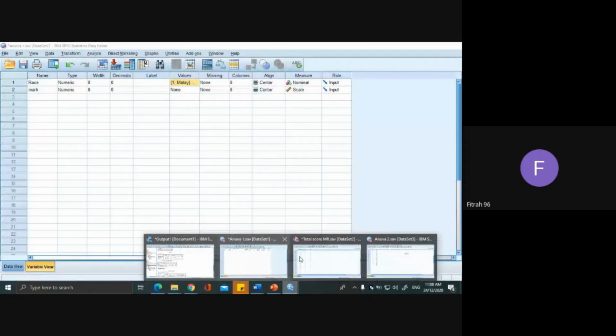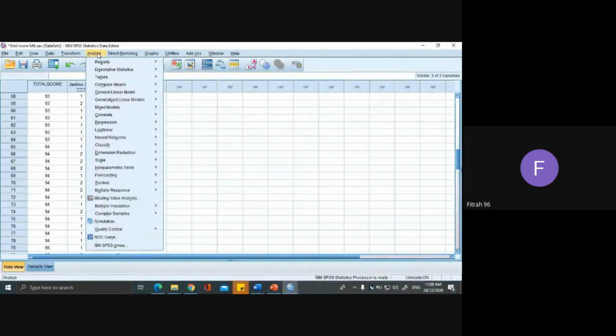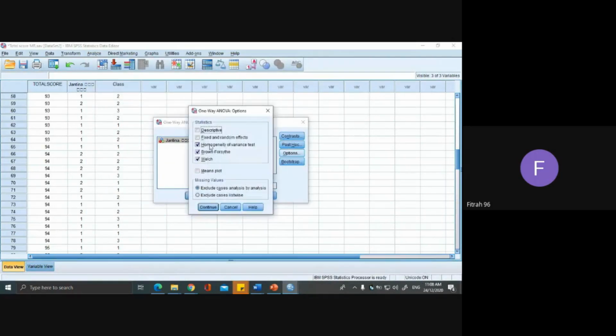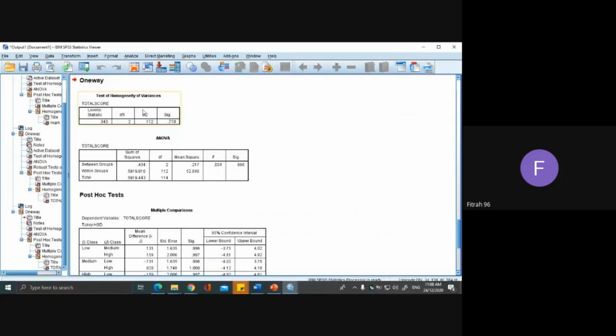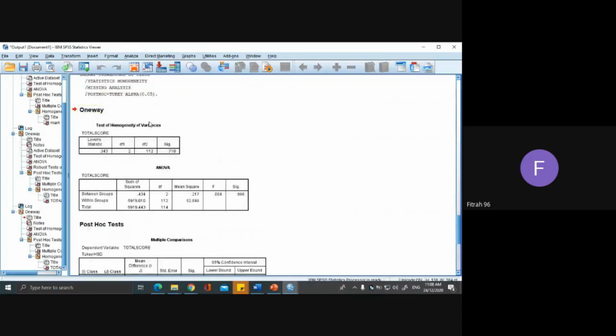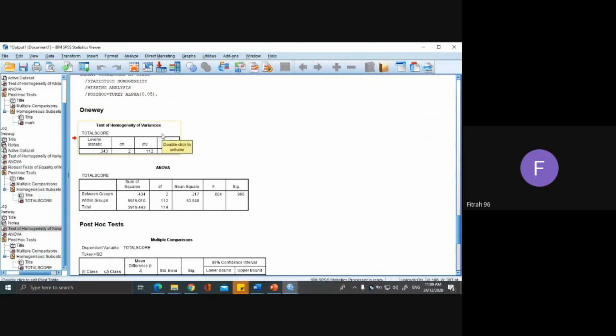Okay, so balik mula. Go to analyze, compare mean, one way Anova, option, homogeneity je, continue, okay. Look at the results here. Okay, let's talk step by step. So the first one, you get SIG 0.710.